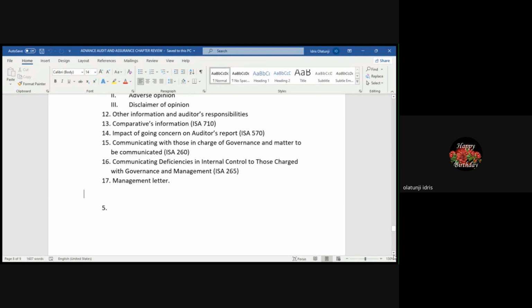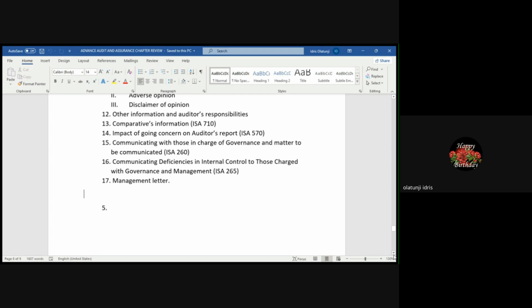But when you are talking about an unqualified opinion or unqualified audit report, it means that the financial statement has been fairly presented and it is free from material misstatement. It's a little bit confusing because instead of them to use qualified to mean it's okay, they now use unqualified. So in audit, when they say unqualified, it means that it is free from material misstatement. But anywhere you see qualified or modified, it means that it is not free from material misstatement. That is just the difference between the two.